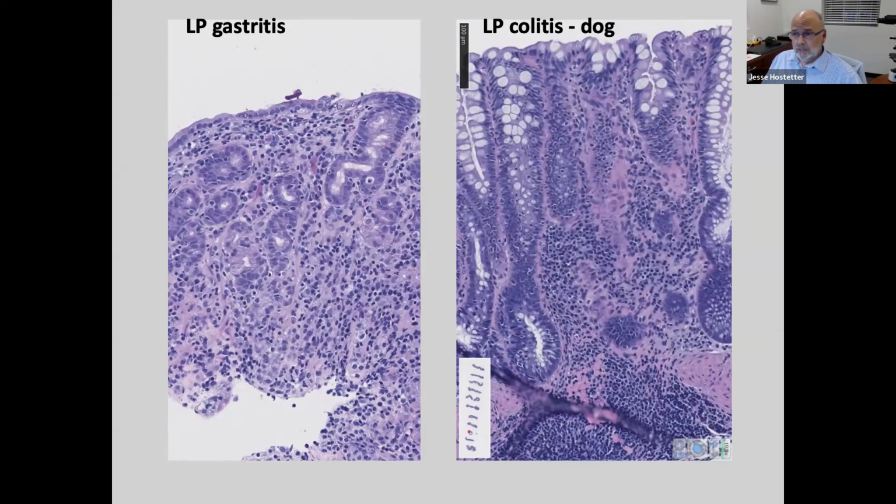And so it's not always easy, but many times you can differentiate between the two. I bring that up because here toward the bottom of the screen is likely gut-associated lymphoid tissue in that section of colon.